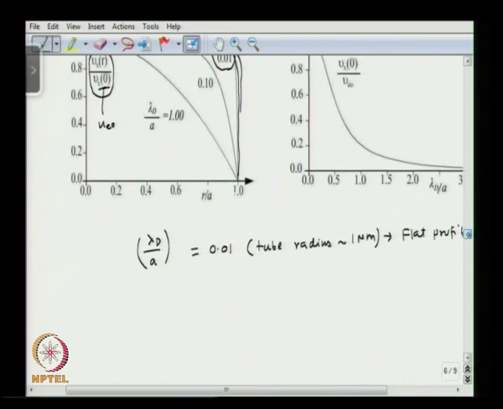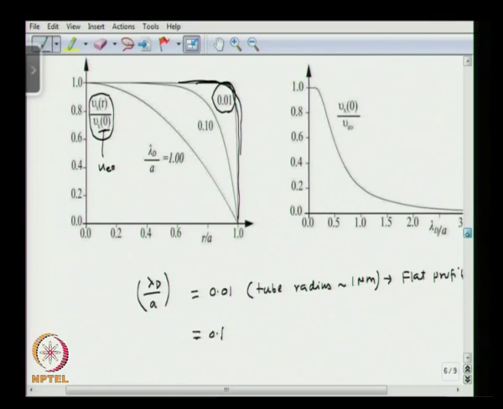Now, if you take a value of about 0.1, you are talking about a tube radius of about 100 nanometer, because lambda d is of the order of 10 nanometer. That is what we have seen earlier.